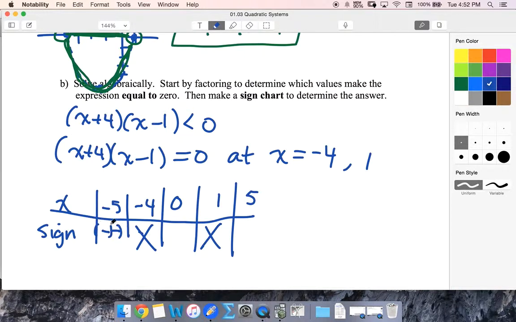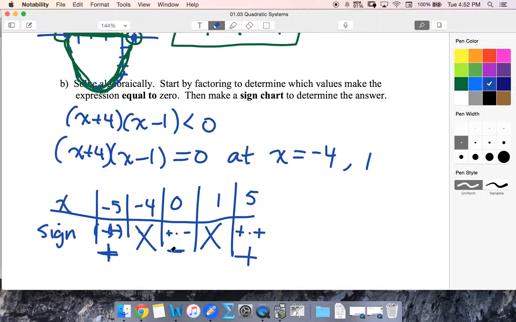And negative times negative makes positive. So when x is -5, my quantity is positive. At 0, I'm going to get a positive times a negative, which makes negative. At 5, I'm going to get a positive times a positive, which also makes positive.